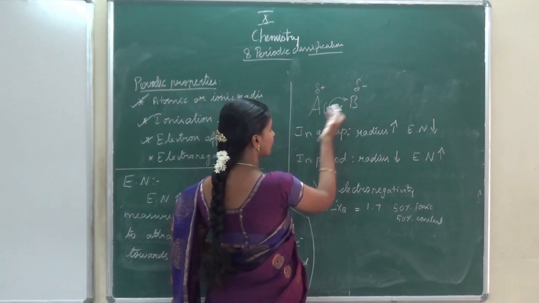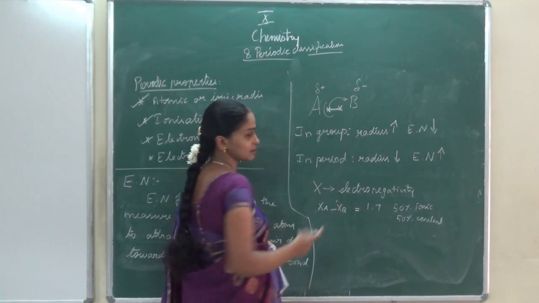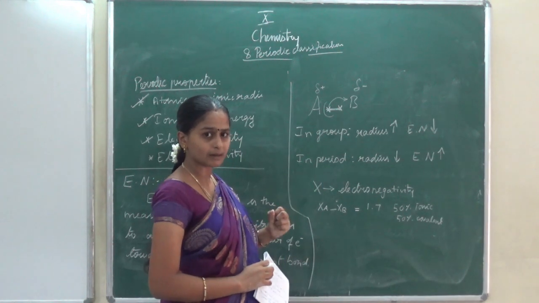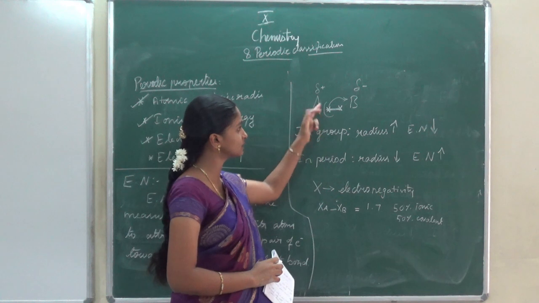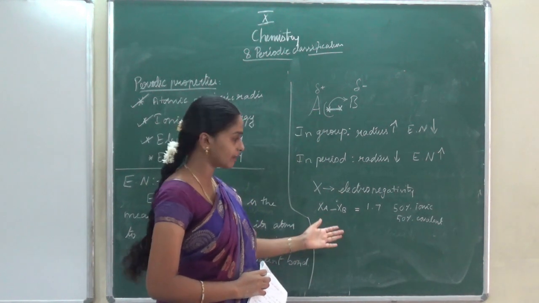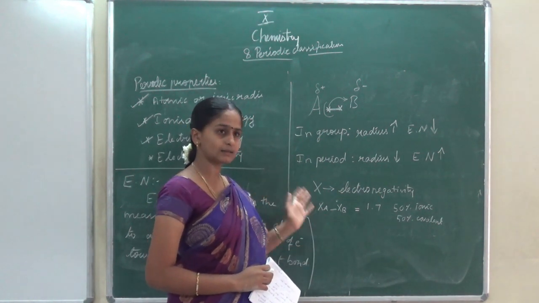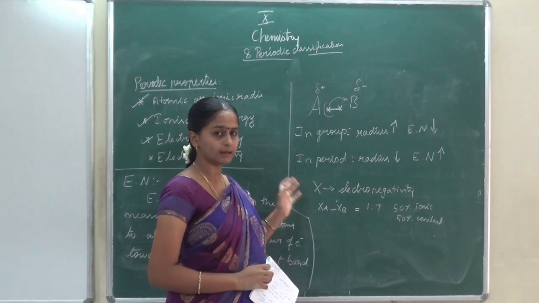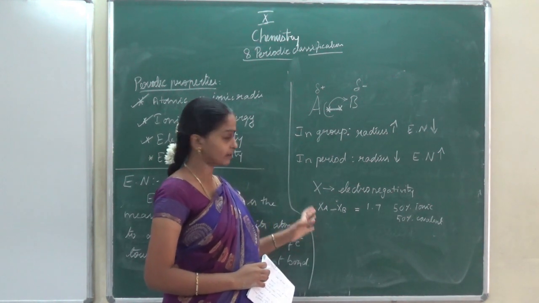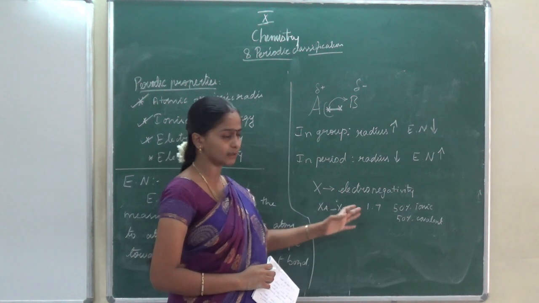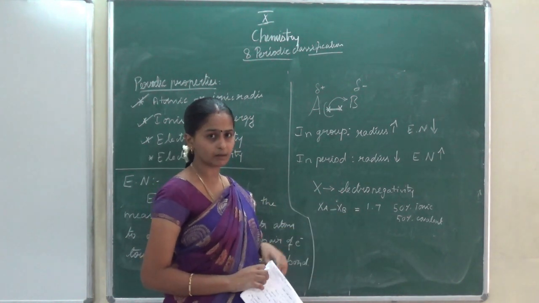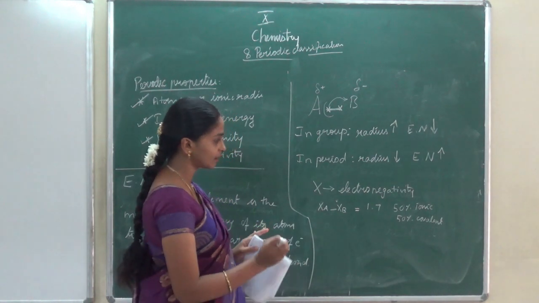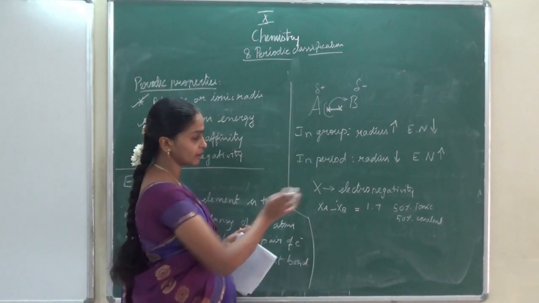So the bond formed here, we can say, is also ionic. So how much covalent character and how much ionic character is there, we can find. Again in 12th standard, we are going to see this ionic and covalent character in detail, using this electronegativity concept. Just now it is one introduction.